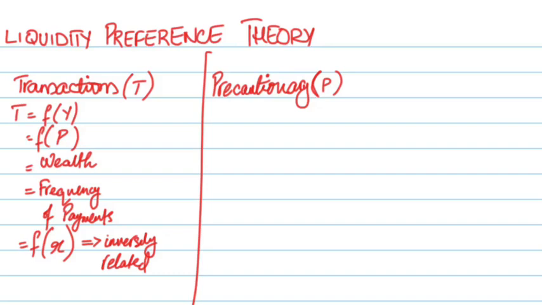Now again, it also depends on your equilibrium income. It depends on the price levels. If the price levels rise, you're going to need more cash in your wallet or in your purse for emergency situations. And it also depends on interest rates.